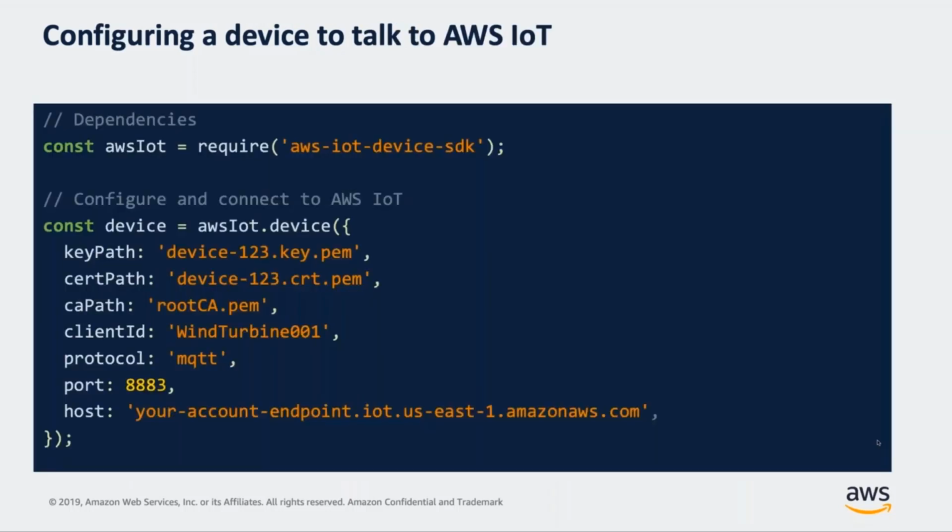Now, let's dive even deeper and look at some piece of code to see how the connectivity from your devices to the cloud can be achieved. The first thing you'll need is to import some dependencies. In this case, we are importing the AWS IoT device SDK. And then you need to instantiate a device object from the SDK and pass it some parameters to establish the connectivity.